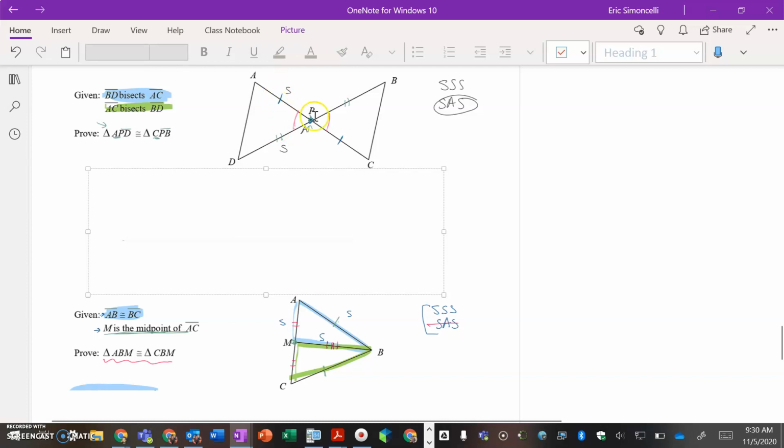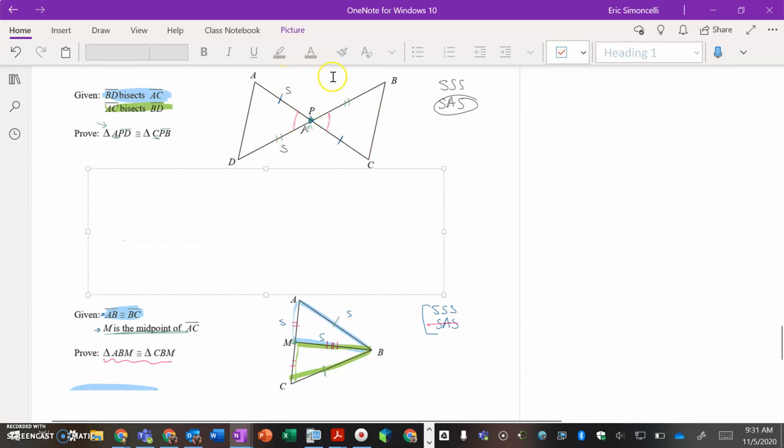So AP must be congruent to CP. AC bisects BD. Because that's the case, we know that this segment here, DP, must be congruent to BP. We also have a designation of angles congruent here and here. APD is congruent to CPB because vertical angles are congruent.